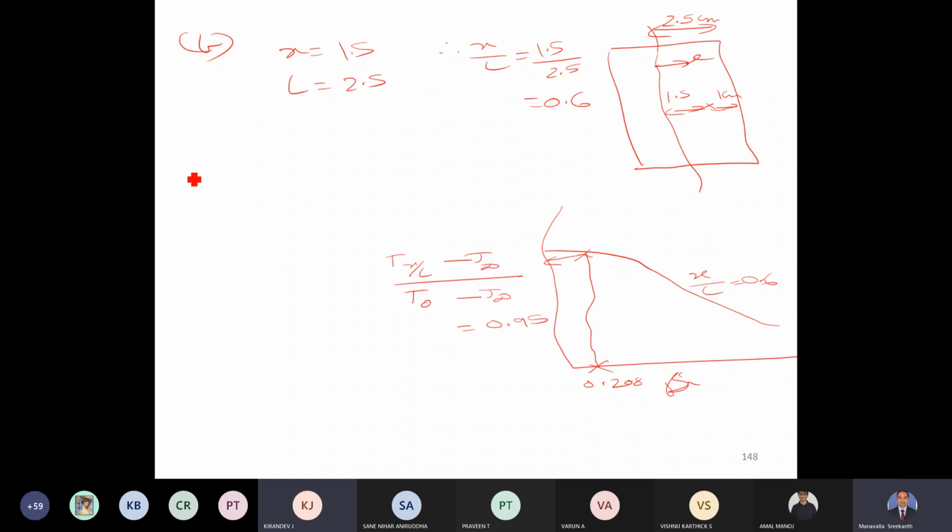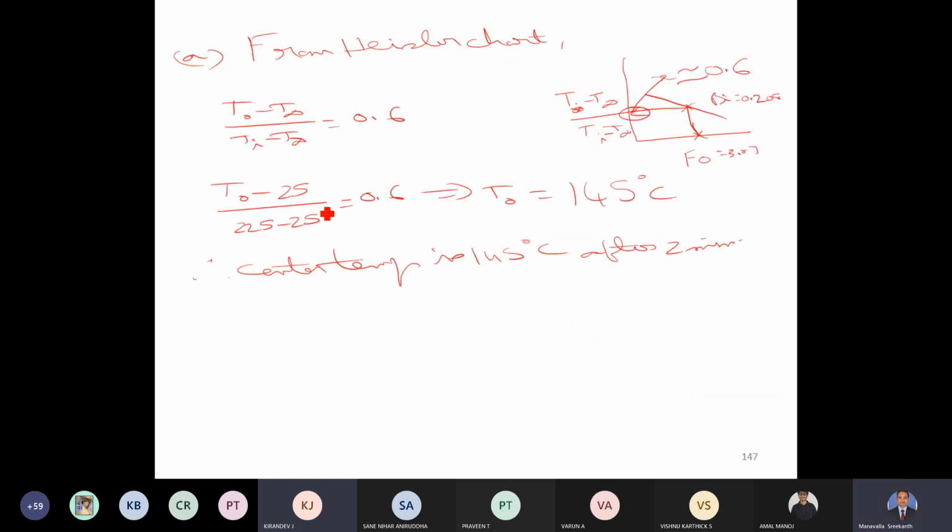So from this we'll have to find T at x by L minus T infinity, where T infinity is 25, divided by the center temperature we found.